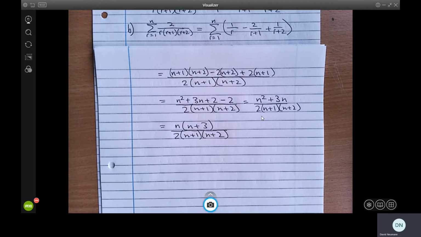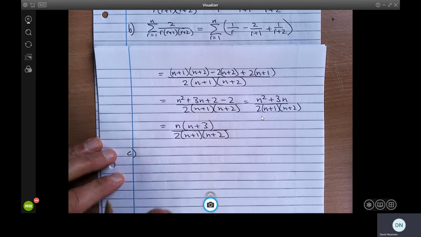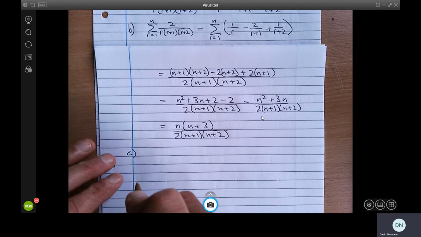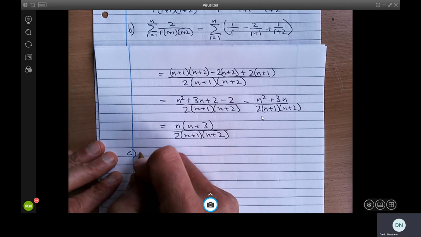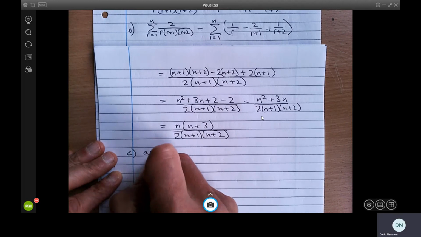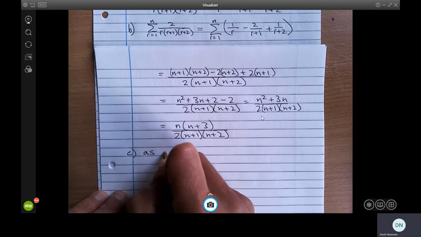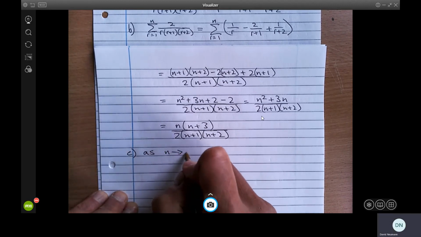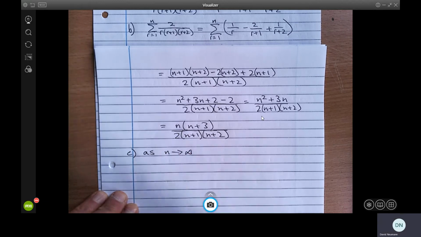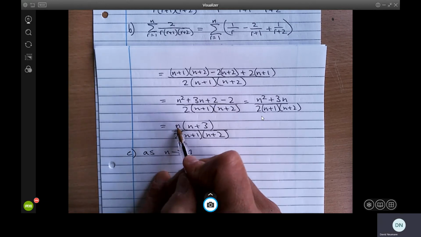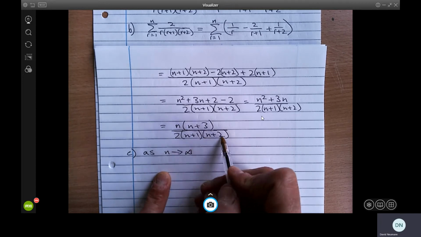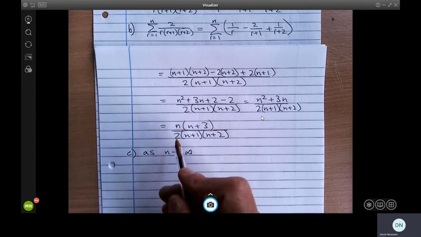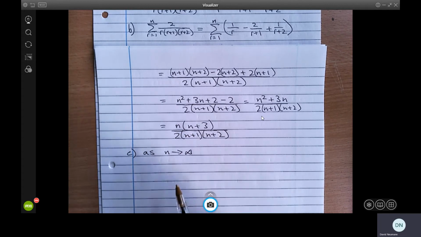The last part of this, C, was to find the sum of the infinite series. So we're going to say as n tends to infinity, well, n and n plus 3 and n plus 1 and n plus 2 are all going to get very large, and they're almost going to cancel each other out.